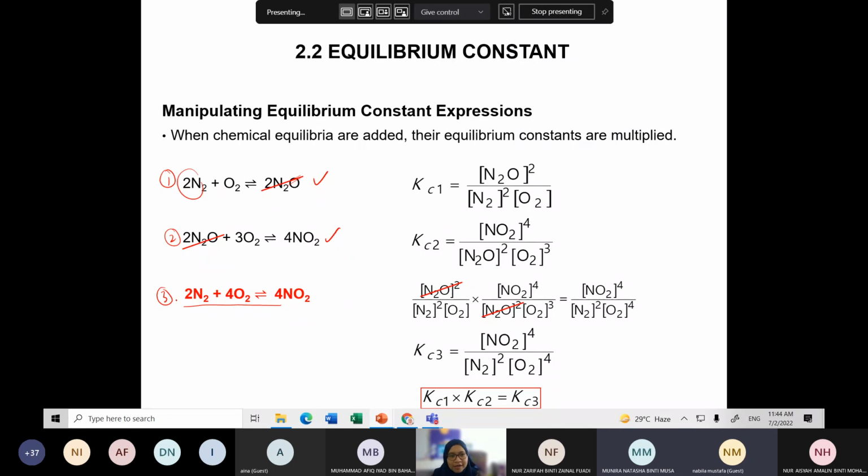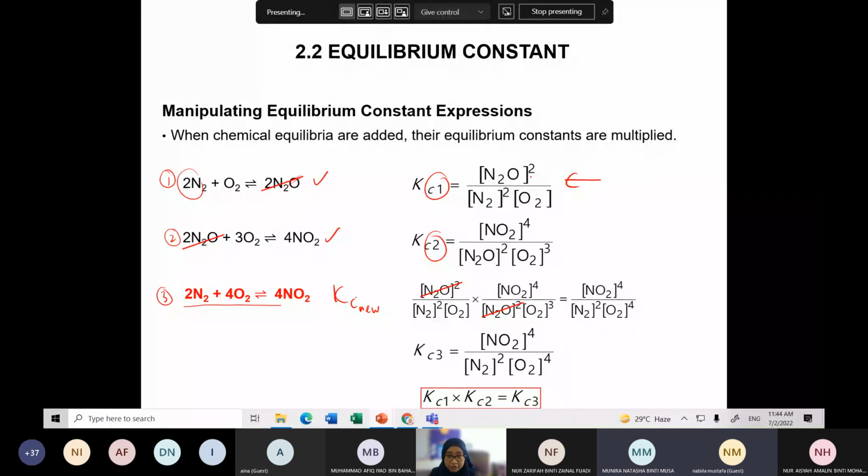Okay, alright. So how do we calculate this new Kc? Kc new ni, how do we calculate that? How do we use the information from the two original Kc, Kc1, Kc2, reaction 1, reaction 2, so that we can calculate for the new Kc. Okay, alright. So this is the expression for the first reaction, Kc for the first reaction.